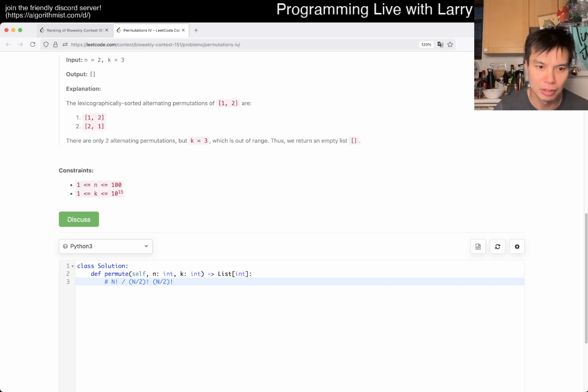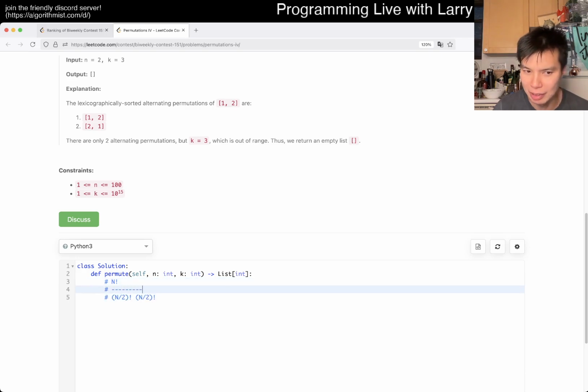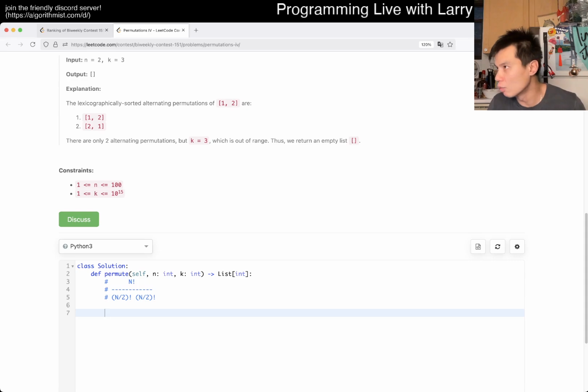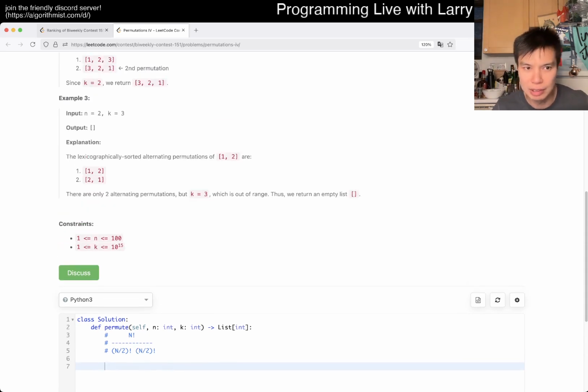N is equal to 100 anyway, but I mean the idea is basic. Can we implement it? I don't know. We'll see. Okay, so then now we want to see. All right, let's focus on the even case first.